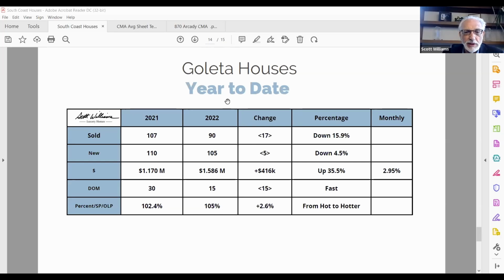That's understandable. Here's year to date. That was 12 months. Year to date, we see fewer homes are selling. We're still seeing this price change at 3% a month, at 35.5%. A year ago we were getting 102% of the sales price. Now we're getting 105% of the sales price. That's the average.